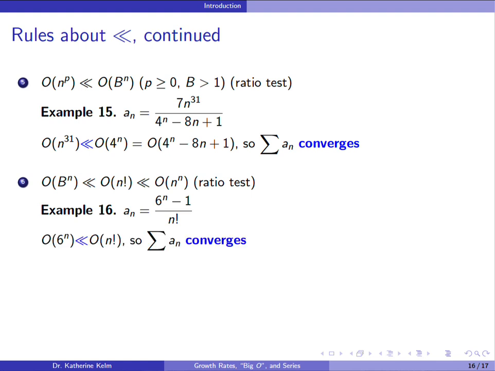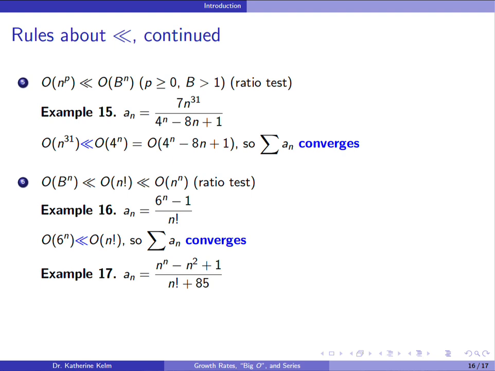Big O of the numerator is big O of 6 to the n, which is sufficiently less than big O of n factorial. So the series converges.